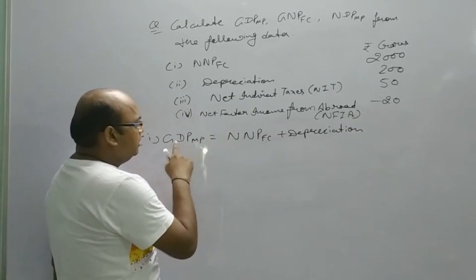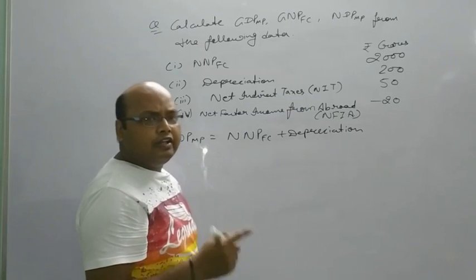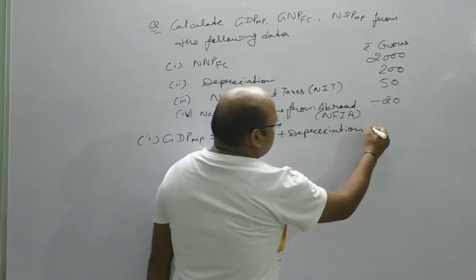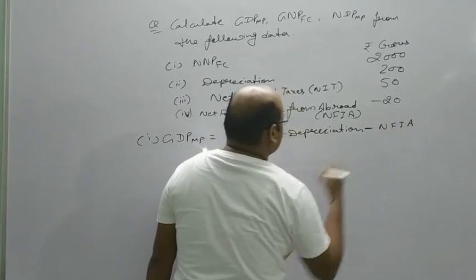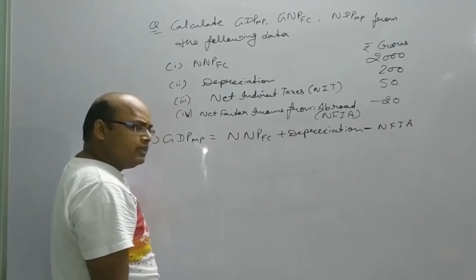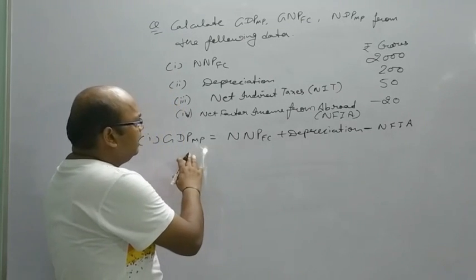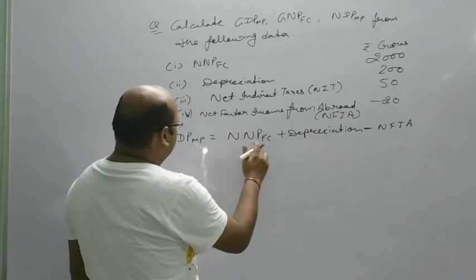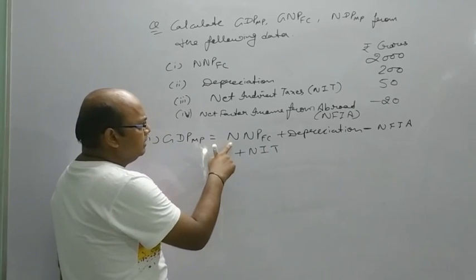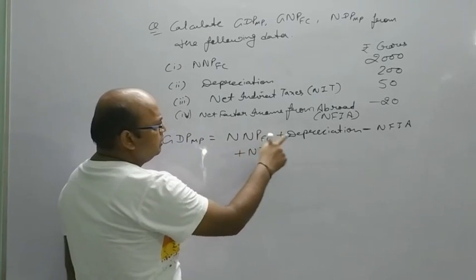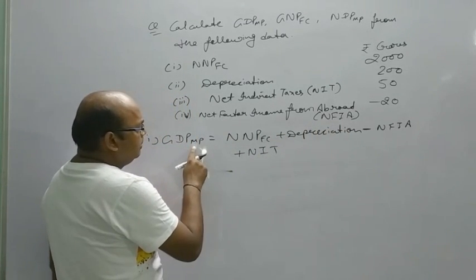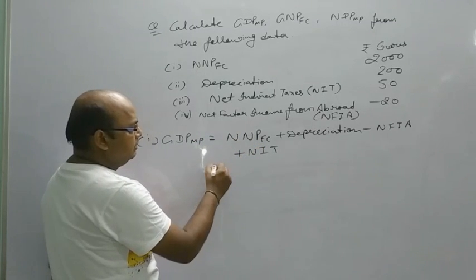The relationship between domestic and national is NFIA: domestic is equal to national minus NFIA. Market price and factor cost are related with net indirect taxes: market price is equal to factor cost plus NIT.